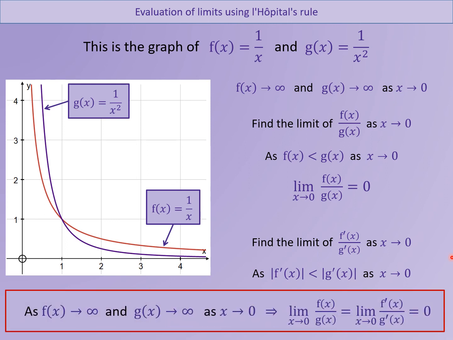So same rule as before. What was important to notice is if your f of x function over your g of x function was infinity over infinity, then because that limit was infinity over infinity, we know that the limit of its gradient function over its gradient function was going to be identical to it. You can forget the equals naught, it's that bit there which is key.